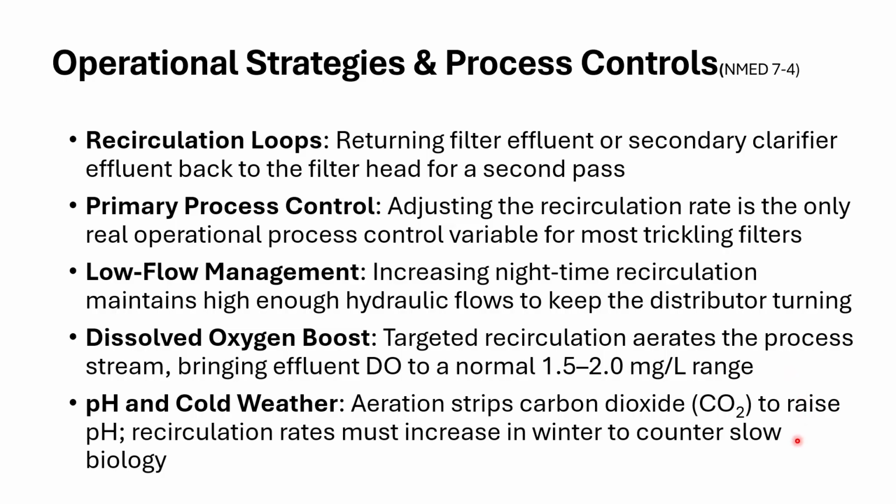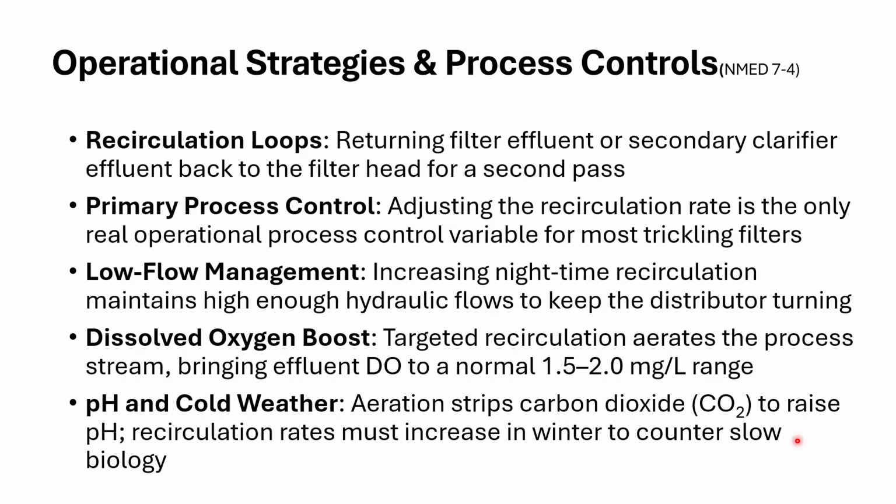Another thing we have to look at is pH in cold weather. You remember we've talked about this. As temperatures get colder, the biological activity in our plant goes down. Okay, those microbes, they kind of get lulled into the winter hibernation. They really aren't hungry anymore. Okay, so our aeration is going to strip the carbon dioxide and raise the pH.